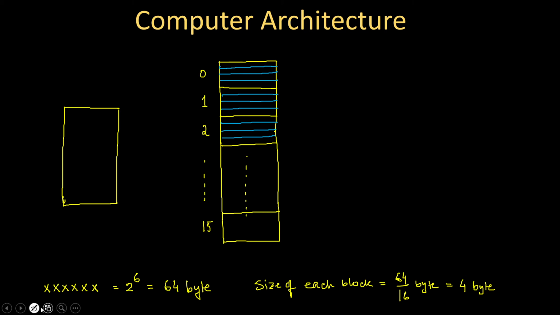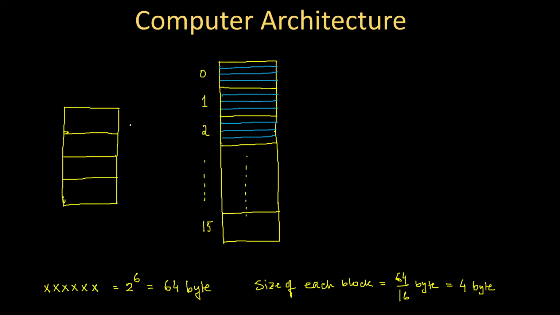In a similar way, always remember that when we divide the cache memory, we divide it into blocks of equal size. That means the size of the block of the RAM and the size of the block of the cache memory is actually the same. But remember, in case of cache memory, we say it's a line.